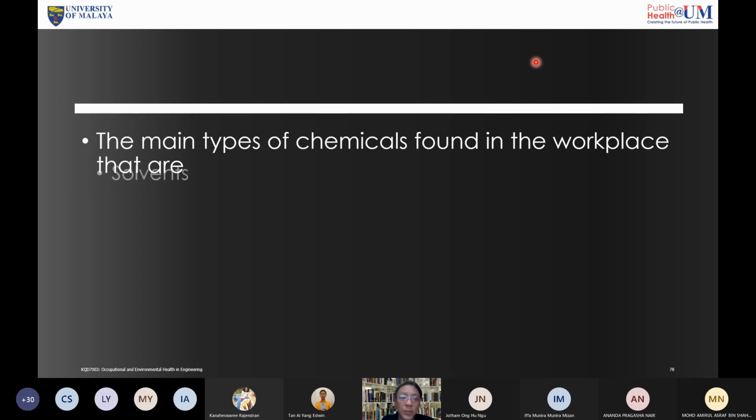The main type of chemicals in the workplace is, most of the time, solvent or pesticide. Of course, there are other kinds of chemicals in the workplace that you use to manufacture different kinds of products, or chemicals included in a product. But the problem with solvent is what we are concerned about because of the volatile nature of the chemical.